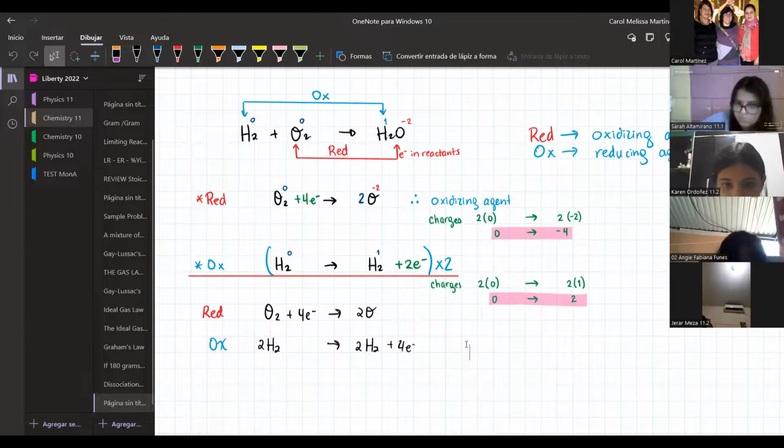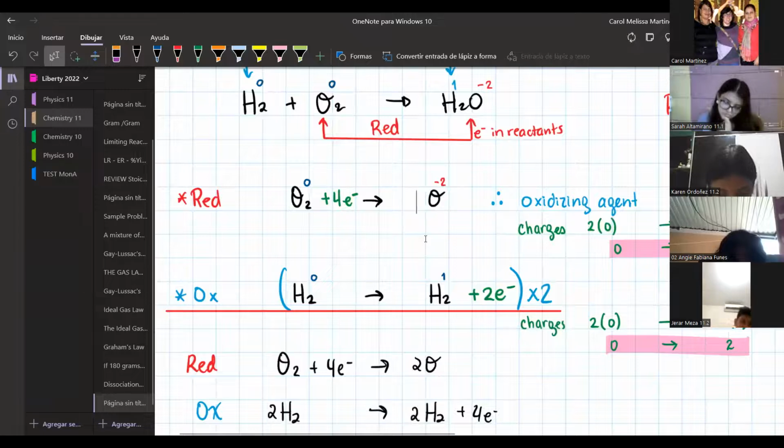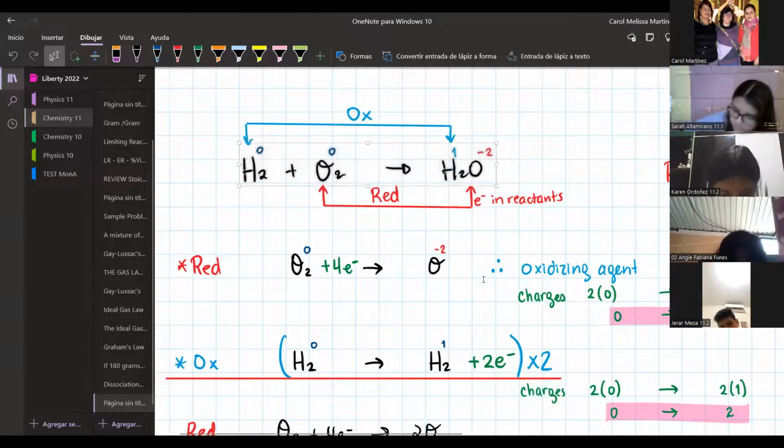Because in half reactions, whatever you have in the reactant needs to be in the product. So here you have 2 oxygens. Initially, you had only 1 oxygen. Remember that I told you to write the equation without the coefficients, okay?